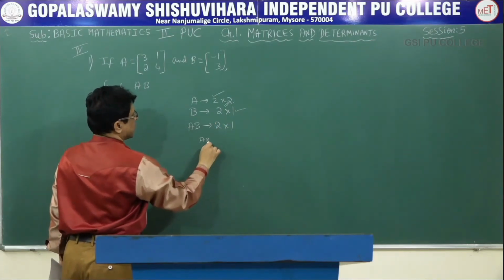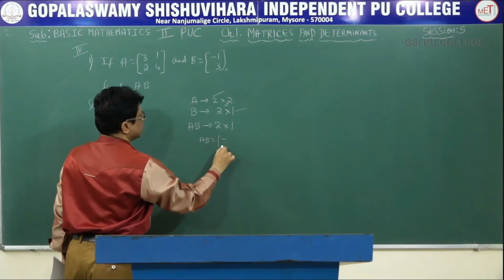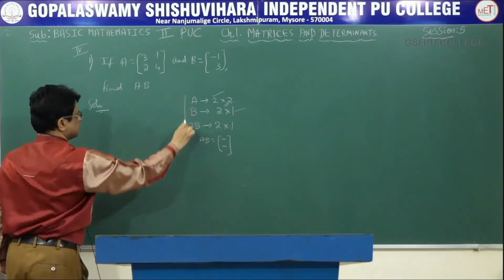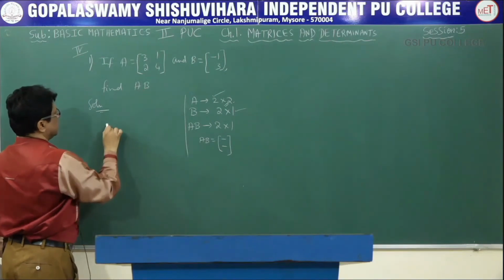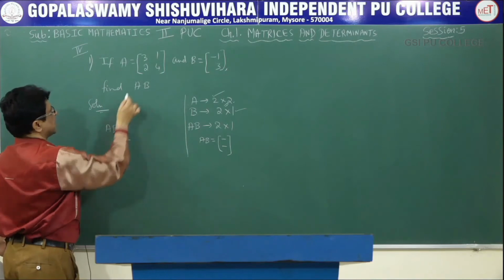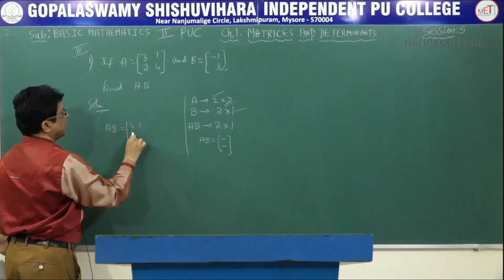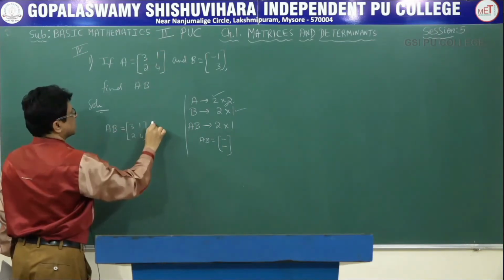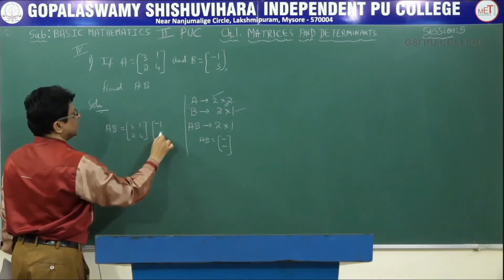That means the product AB has 2 rows and 1 column. So let us consider the product AB. So AB is equal to, first we shall write the A matrix 3, 1, 2, 4 and next we shall write the B matrix, that is -1, 3.